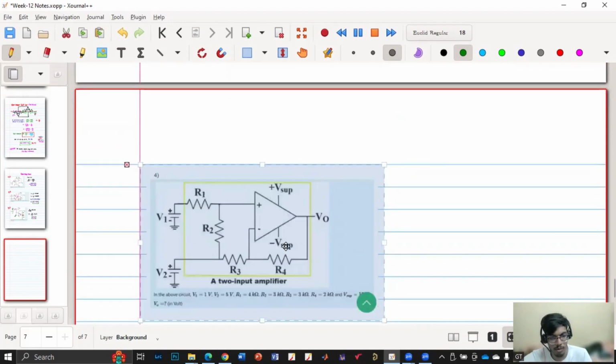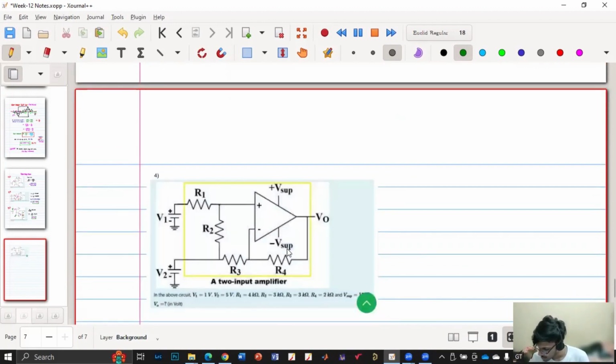For any given problem, first I'll consider those two aspects, then I'll start solving. So here also I'll consider the same thing. First of all, this voltage is same as this voltage, and the current here is 0 and current here is also 0.